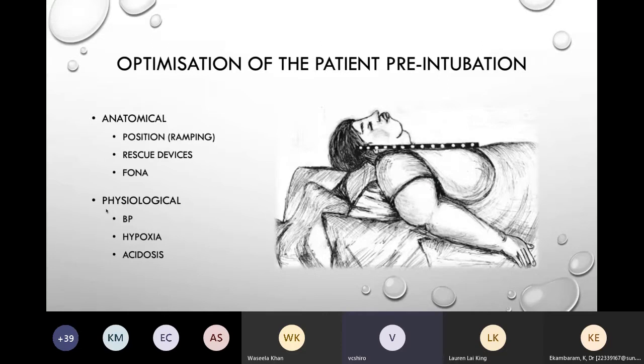Then with regards to acidosis, we know that the danger of acidosis is cardiac arrest. If you are intubating a COVID-19 patient that is in a septic shock-like picture, meaning they've got a metabolic acidosis already, and you then intubate them, cause them to be apneic for some time, they are then building up CO2 in the time when they normally would have been compensating with their fast respiratory rate.